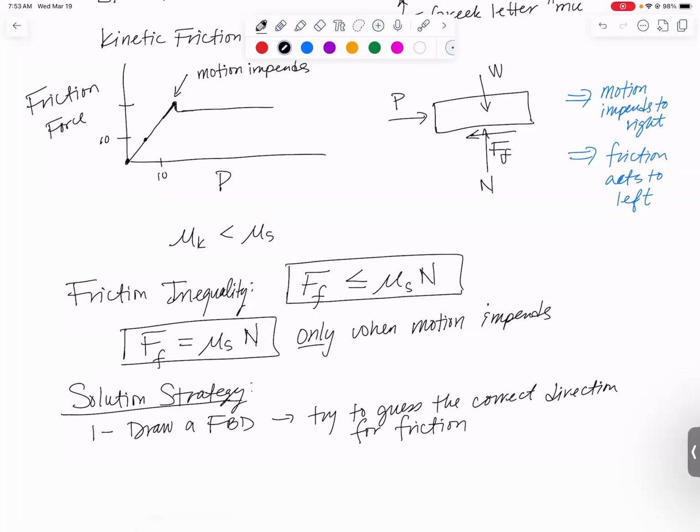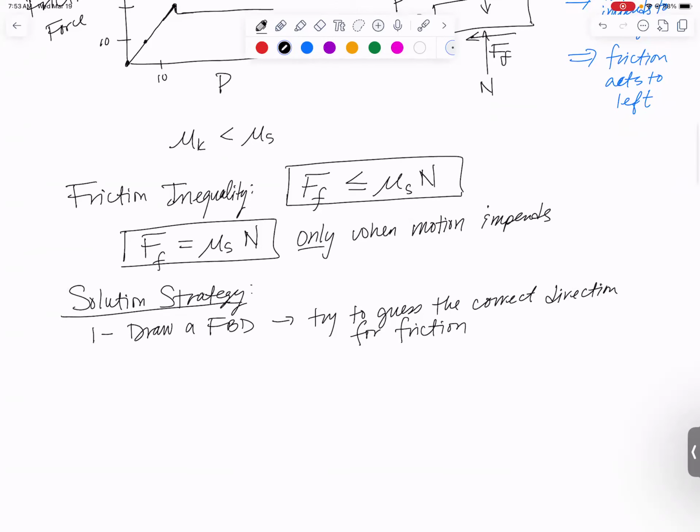But there are a few interesting friction problems where if you guess the wrong direction, you will actually get the wrong answer. I can give a really quick example of that. If we have an incline and an object sitting on the incline, and we are trying to solve for the force P required to just start moving up the incline, depending on the set of conditions, if the incline is really steep, there could actually be two solutions to the problem.